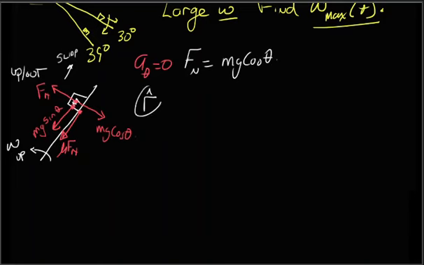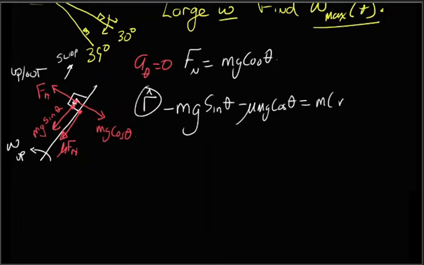And in the r hat direction, we will get minus mg sine of theta minus mu mg cos of theta is m r double dot minus r omega squared.